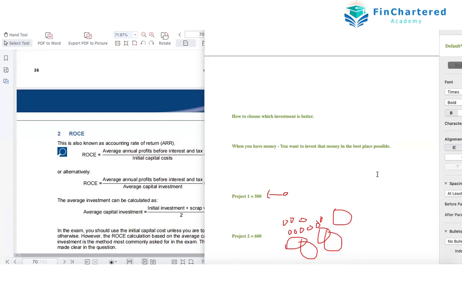Anjana says 1. What about Nitesh? Where will you invest? Osama will invest in 1. Nitesh will invest in 1. So what I'm trying to say is you'll not just look at profit. You will look at the profit on the capital that was invested.